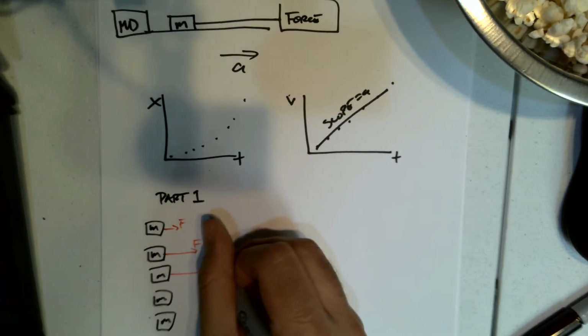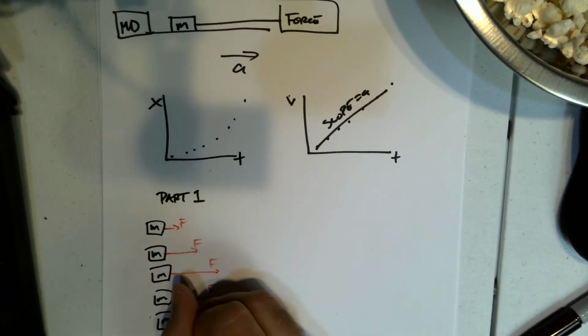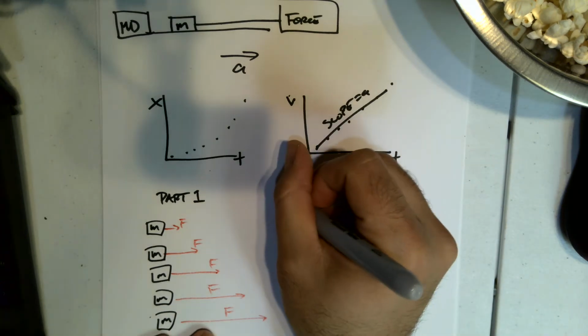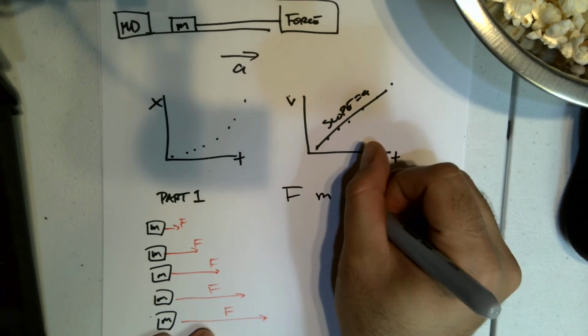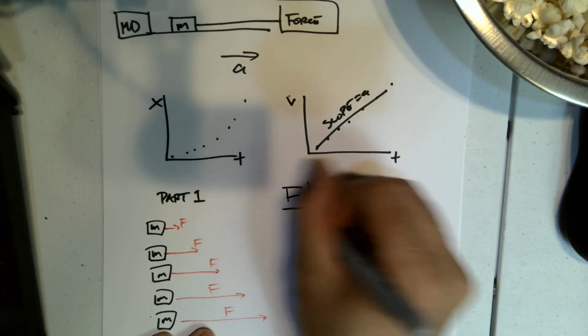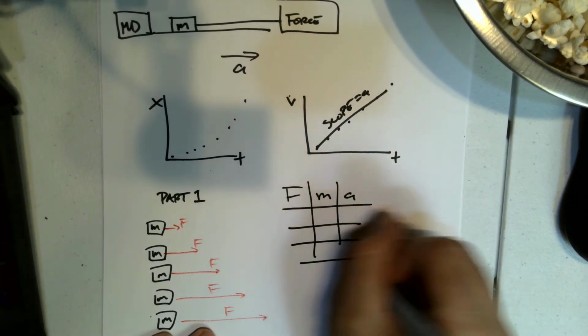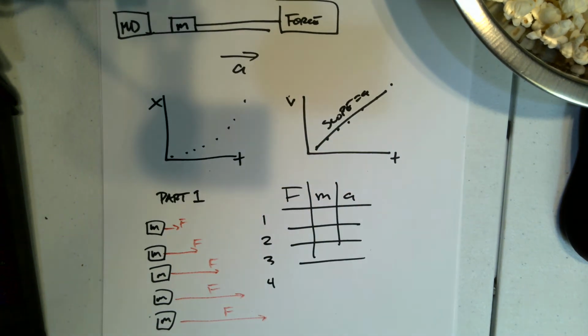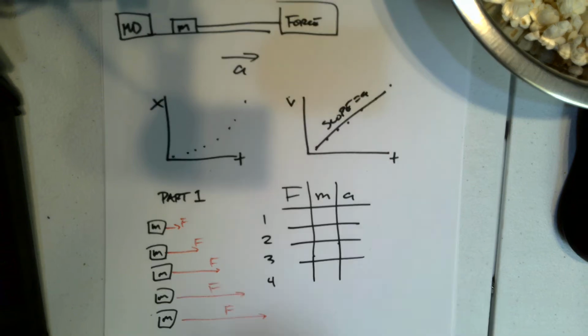If the numbers are making conceptual sense, your acceleration should go up each and every time. We ask you to record the force, mass, and the acceleration for your trials. Obviously the mass is staying the same, so that whole column should match.